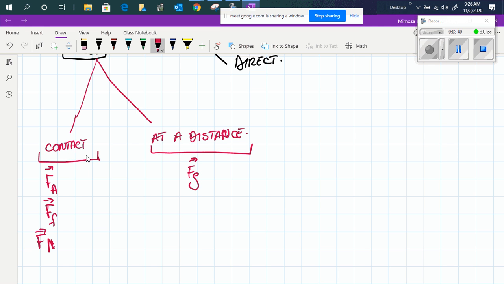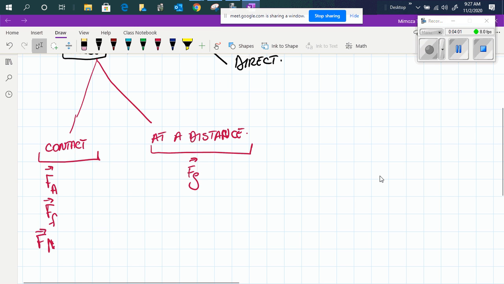But then any force that is experienced even though the objects are not in contact with each other is known as a force at a distance. When you move to Physics 30, you will see that even electric and magnetic forces are forces at a distance.